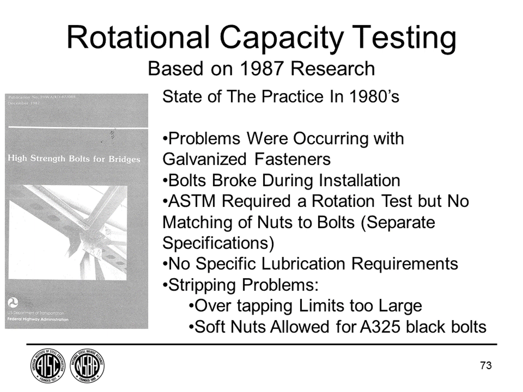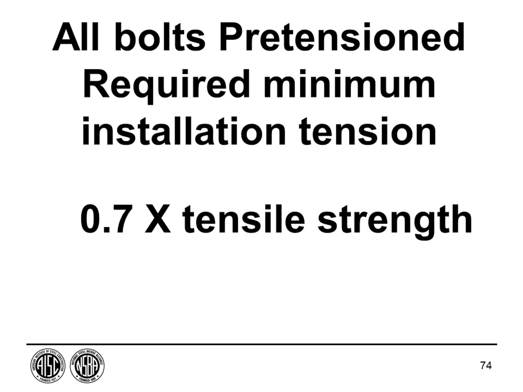And the problem was they were being over-tapped and then stripping was occurring, and they weren't applying the lubrication. You have to have lubrication on these galvanized fasteners, because if you don't, you get galling of the threads and you can't tighten them.